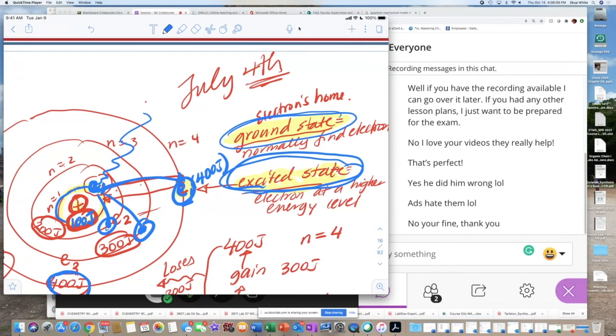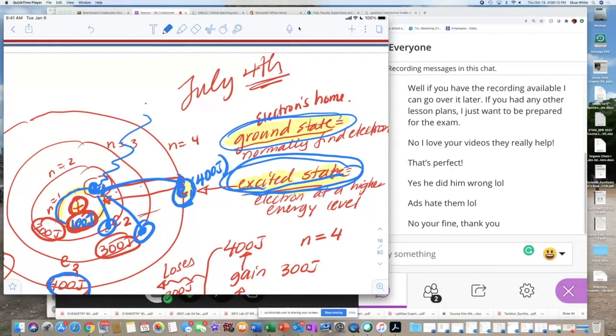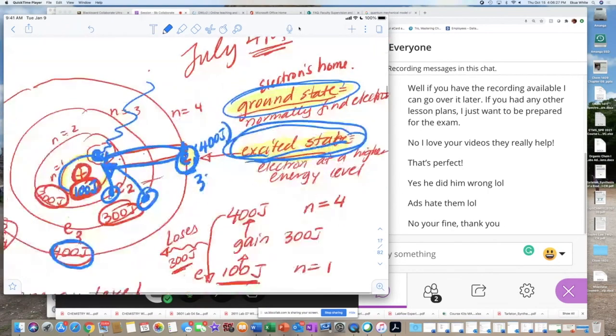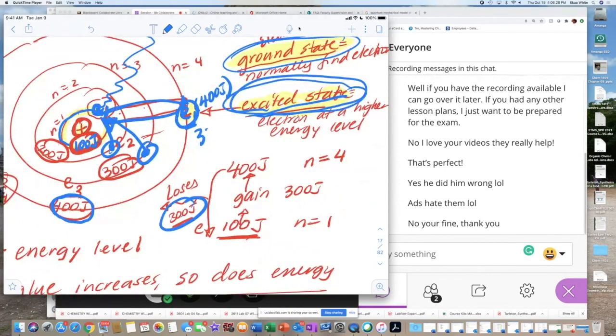The new level the electron is in has to match the electron's energy. The excited state is temporary, so the electron has to go home eventually. When the electron goes home, though, it has to lose the energy it gained. So when it goes back home, it has to lose all the 300 joules of energy it gained. So I'm showing you that right here. And then it goes back home, and now it's at 100 joules again.